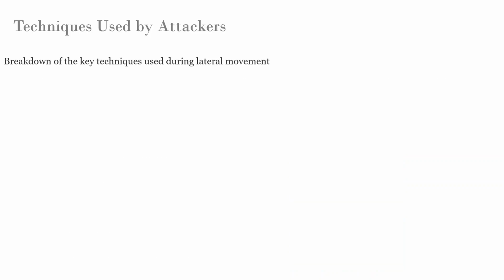Techniques used by attackers. Let's break down the key techniques used during lateral movement. Network reconnaissance: adversaries will often issue commands like hostname, whoami, ipconfig to gather information about the host. They will then attempt to fly under the radar of traditional EPS and EDR tools by using advanced methods.